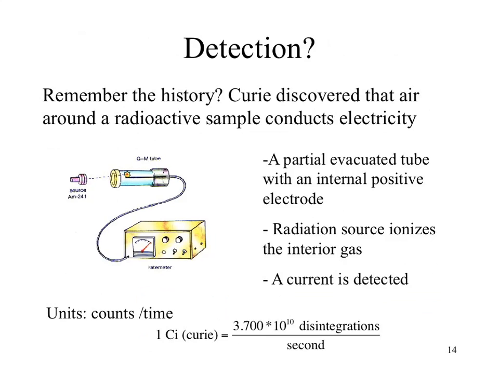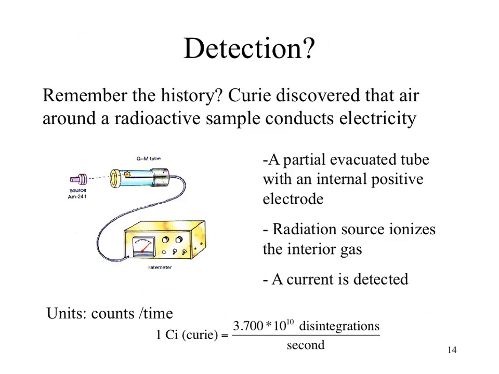So what does that mean? Well, we can build a device to detect the electric current of an air sample. If we put that air sample near a radioactive species, what happens? Now electricity starts to conduct through our equipment, and we can monitor that there's an electric current. That electric current we then convert back into our units.